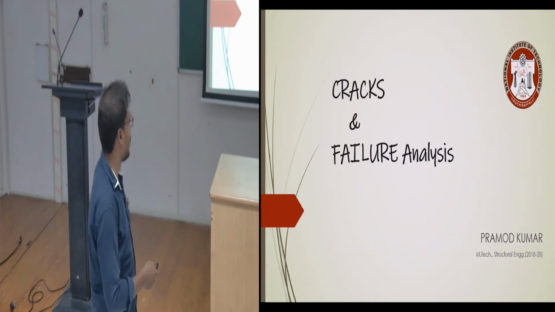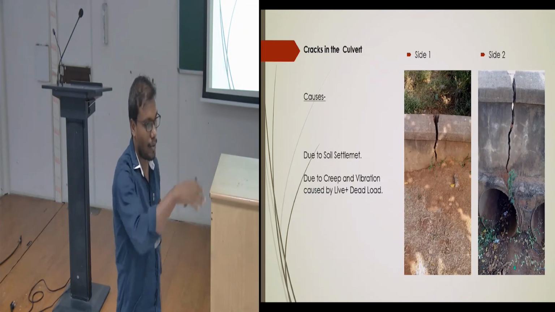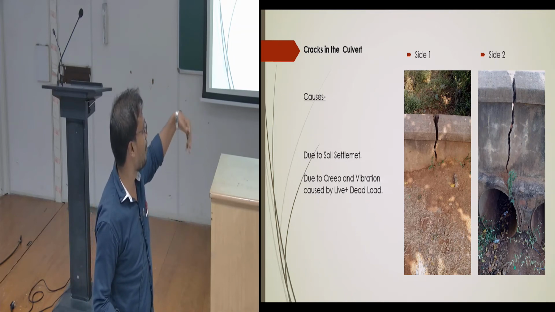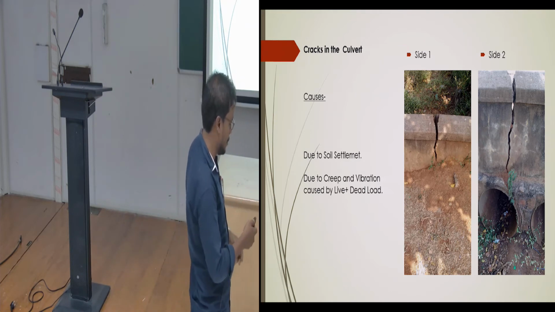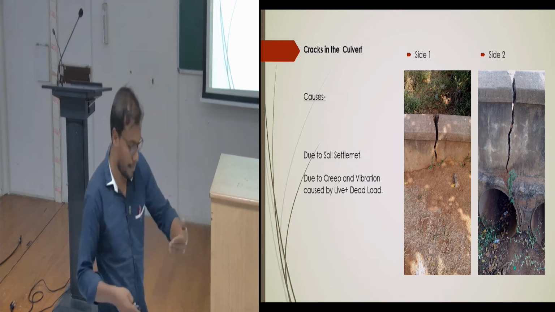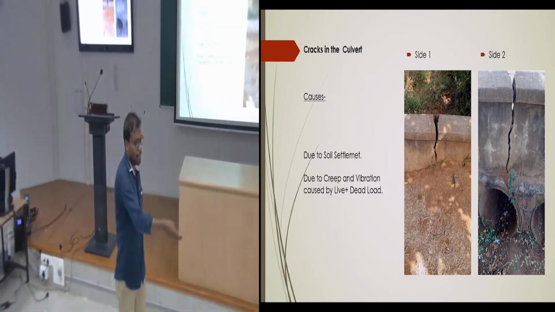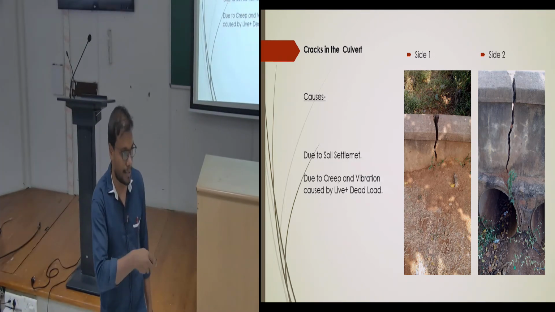Next, there is the culvert on the road. There is a crack on the culvert. On the road side, after crossing the road, there are cracks throughout the culvert base.